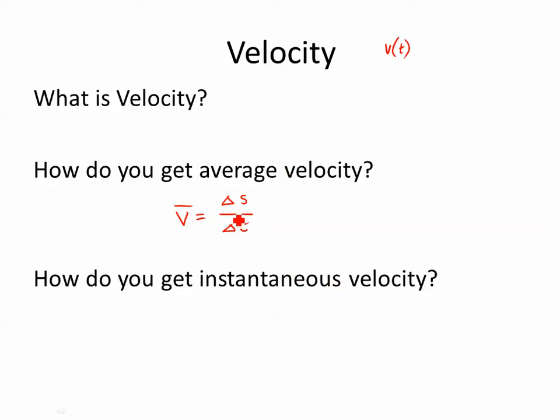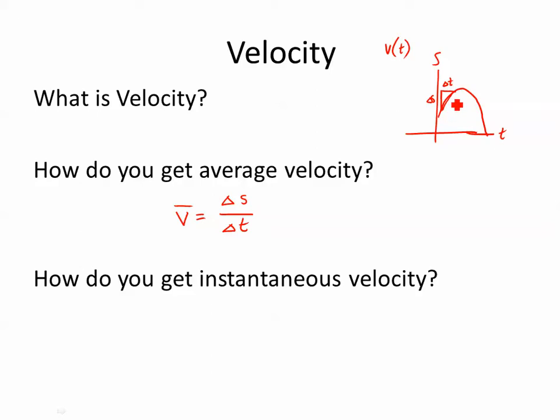Now, you could imagine that if I had a graph that was time and position, that as my position changed, something like this, the velocity is the change in position over the change in time. So that would be my delta S. This would be my delta T, which is why that gives me the average, right?